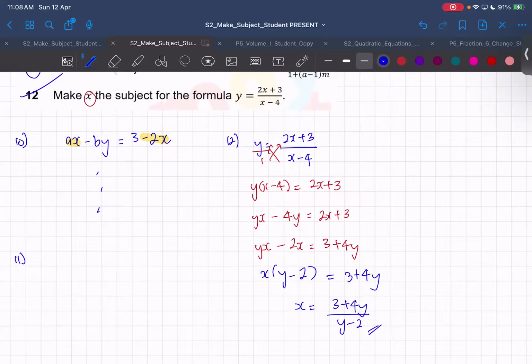Yours is? Extension and factorization of algebraic expressions for chapter 3. Percentage, rate and ratio, rounding off. What date?